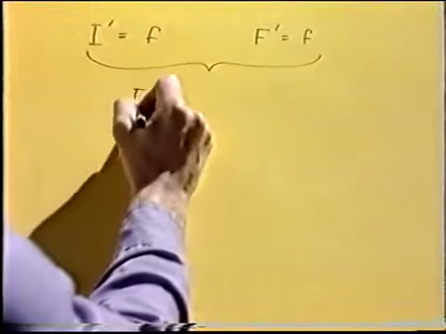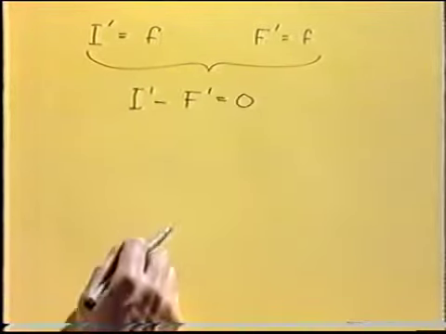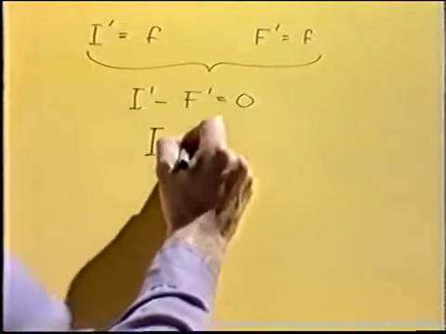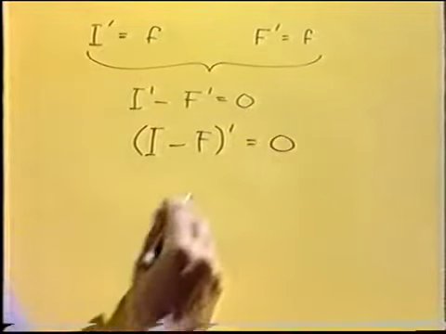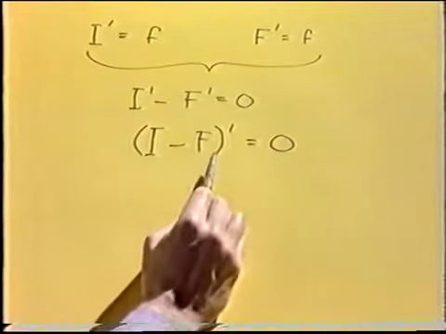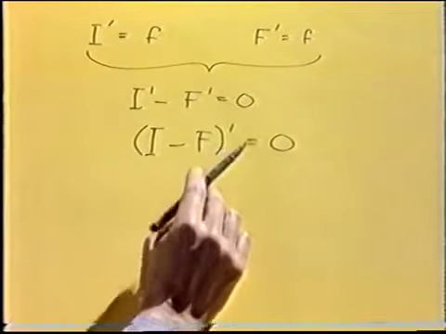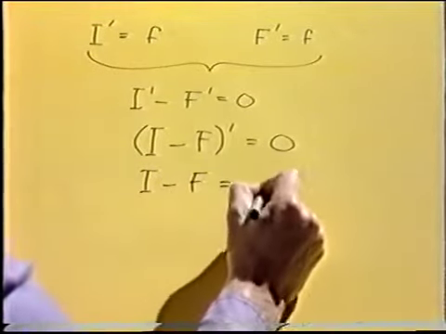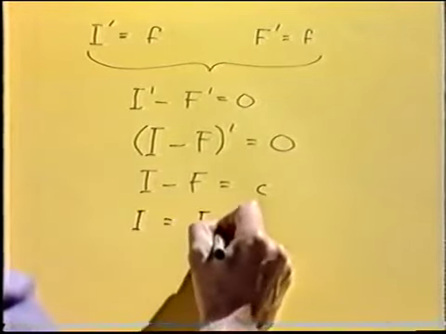In other words, I prime minus big F prime equals 0. And that's the same as saying that the derivative of I minus F is equal to 0. Now, what functions have 0 derivatives? The only possibility is a constant function. So I minus F is a constant. In other words, I equals F plus a constant.